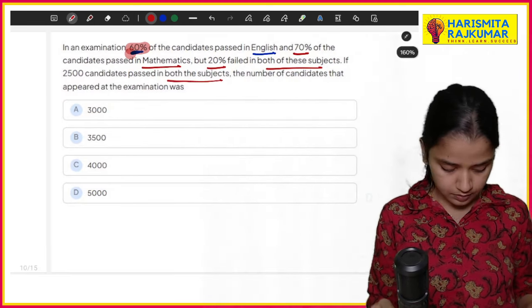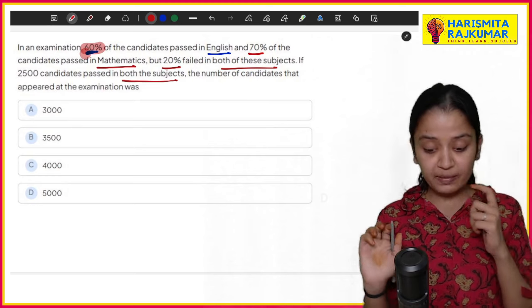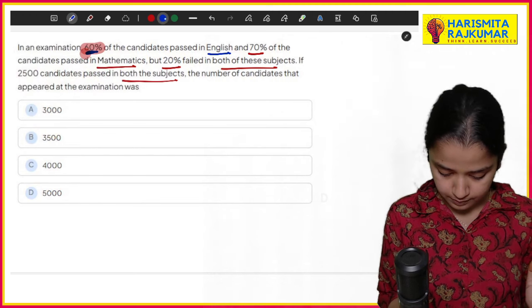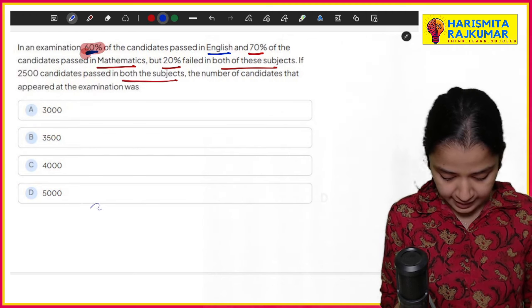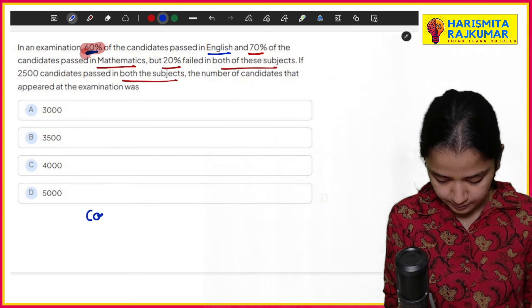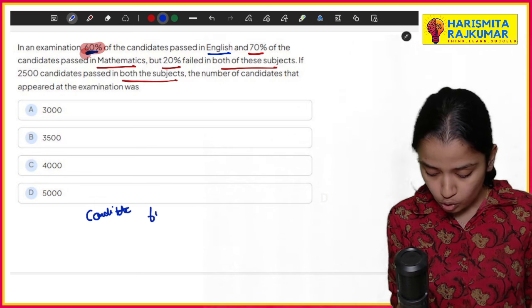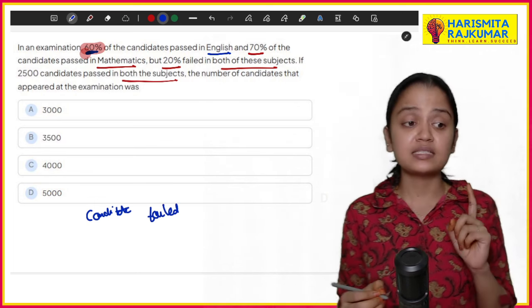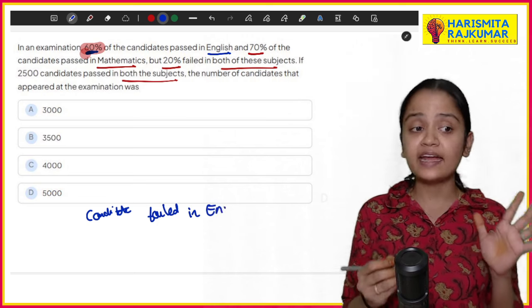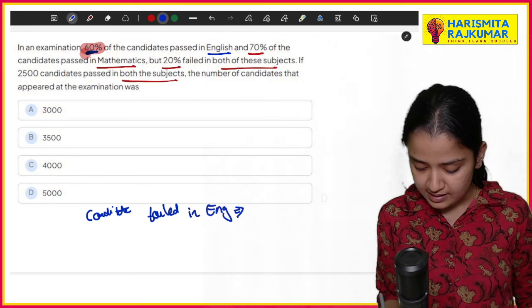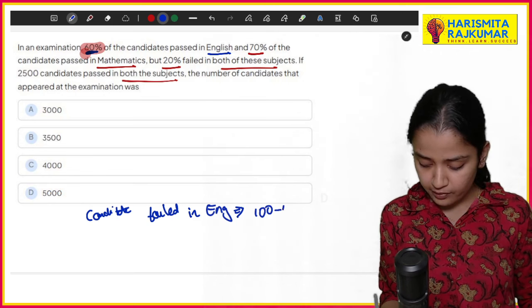Now let us find the people who failed in English. Total candidates who passed in English is 60 percentage, so candidates who failed in English will be 100 minus 60, which is nothing but 40 percentage.